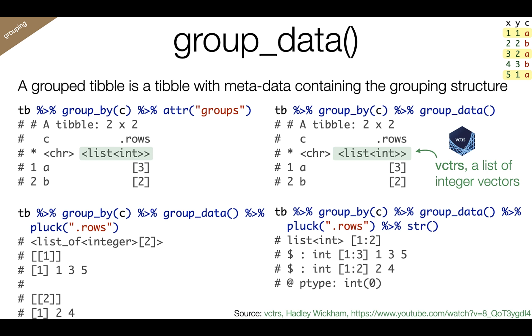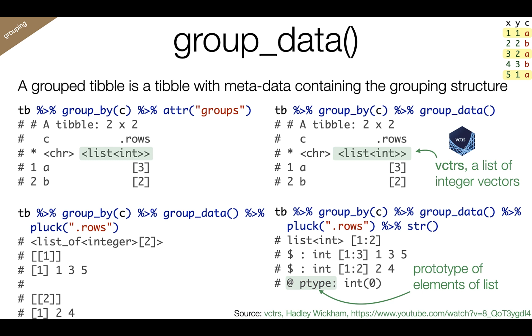And let me lastly draw your attention to this ptype. Ptype is a term that's used in vctrs to refer to prototype. It's the prototype of the elements of the vector. Not only does the vctrs package provide a consistent framework for thinking about vectors in R, it also provides a means to create new vector types in a basic sense in the R language. Those types themselves are distinguished by a particular prototype.